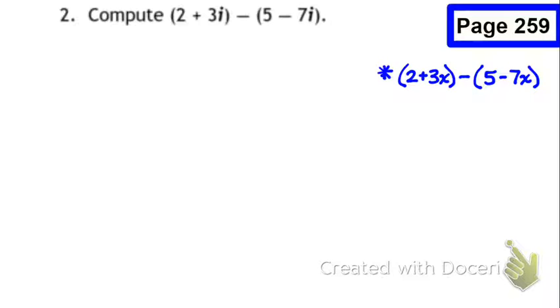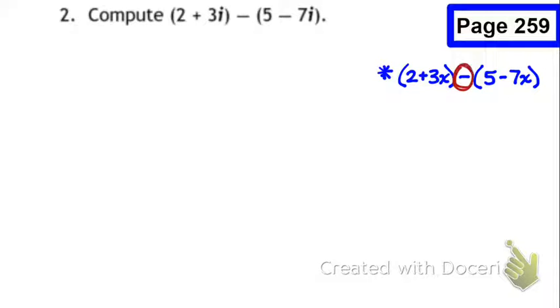That looks a lot like what they have printed, doesn't it? What's the only difference between what I wrote and what's printed on your page? X's versus the i's. If we do this with x's, what would I need to do first? I'm going to distribute, not double distribute though.